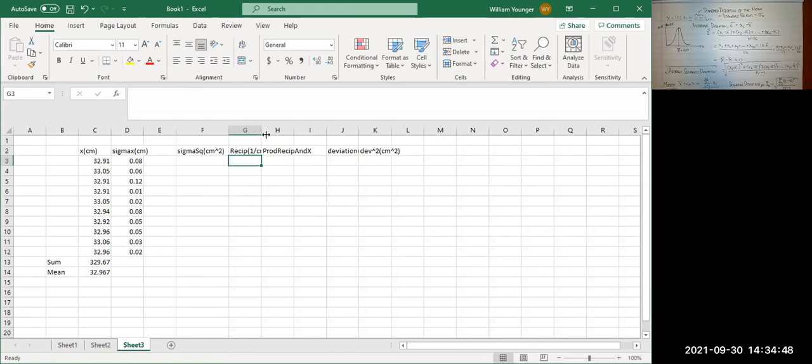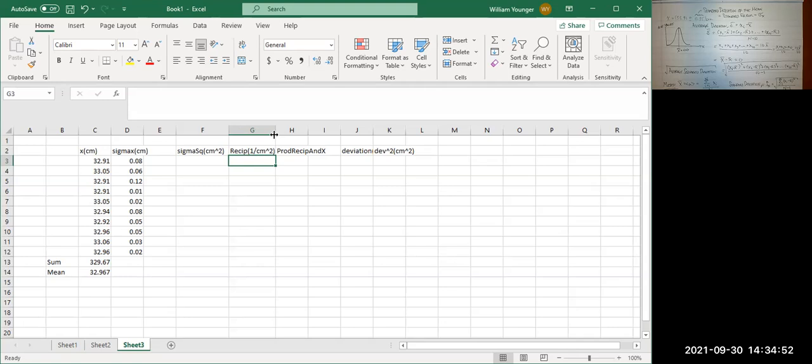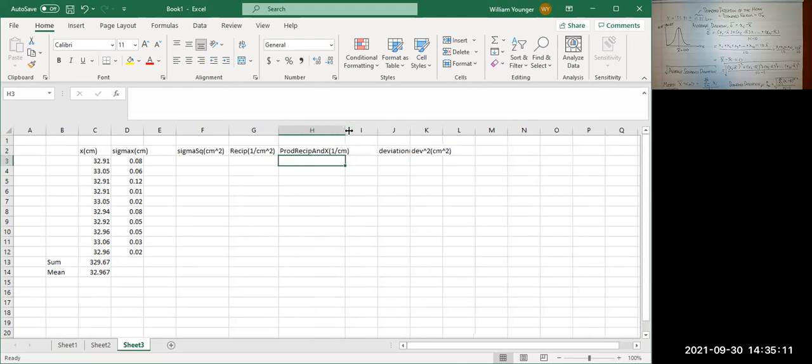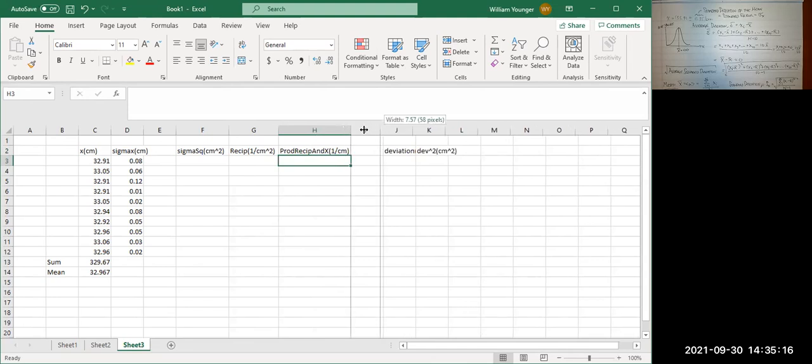And I can make this wide enough now so I can see the units. And the product of the reciprocal and x, that's going to have units of x, which is centimeters, divided by centimeters squared. So that'd be 1 over centimeters. I'm just trying to be somewhat pedantic on this so we can know exactly what everything is. And this I'll probably leave as a blank like that.